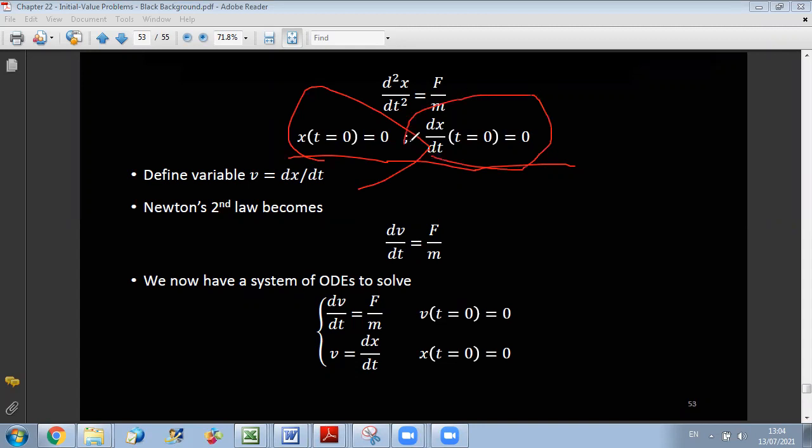Since you have two conditions here, this will allow you to solve a system of two first order differential equations, because each first order differential equation requires one boundary condition. So I will transform this system to a system of two first order equations with one boundary condition for each.